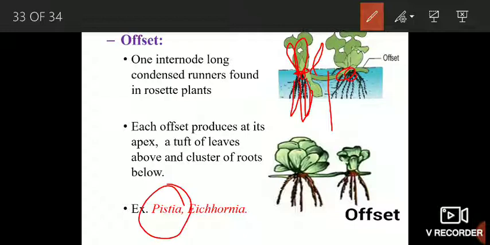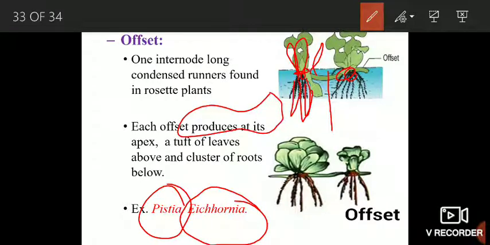Examples are Pistia and Eichhornia. One more important feature about offsets is that they are swollen in structure because they contain a lot of parenchyma. This is the type of parenchyma in which the individual cells are separated from each other by air spaces.